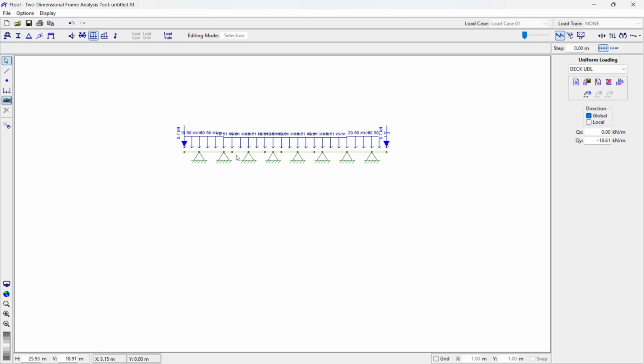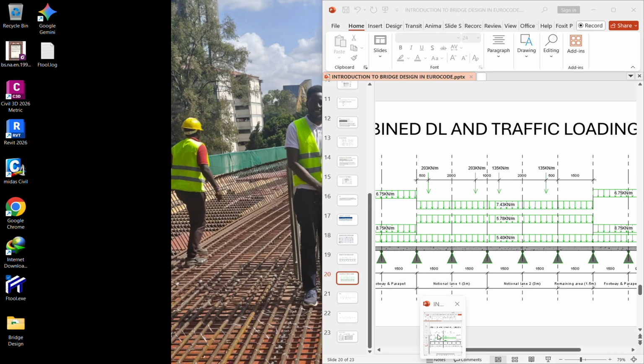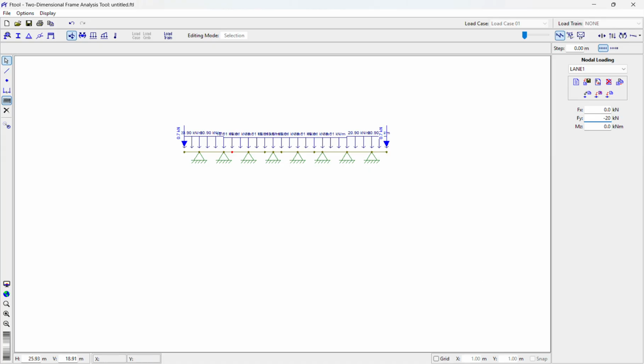So let's apply our point loads. Come to the point load, create a new load for lane 1. Let's name it lane 1, done. Negative 103. Apply.